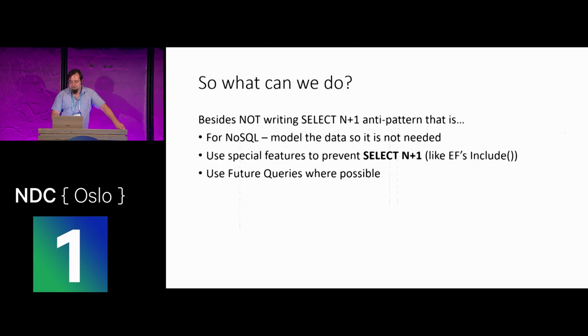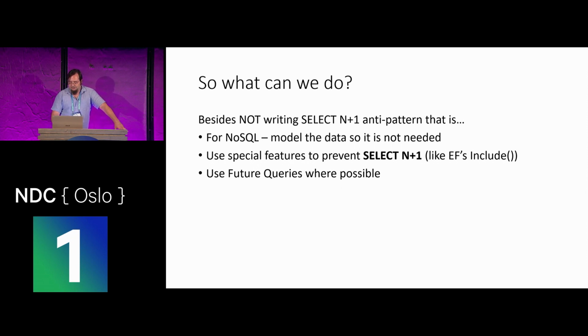So essentially, it's best to invest time when you're dealing with databases in general to take a look at the features aimed at preventing anti-patterns like select n plus 1, and that's not the only anti-pattern.